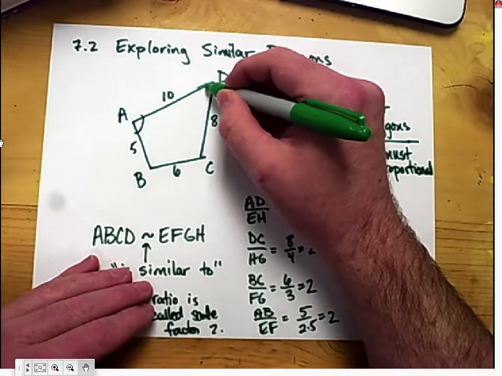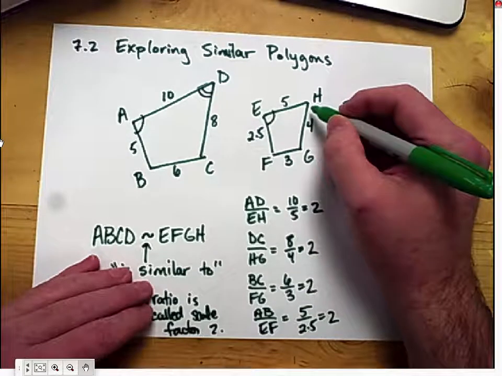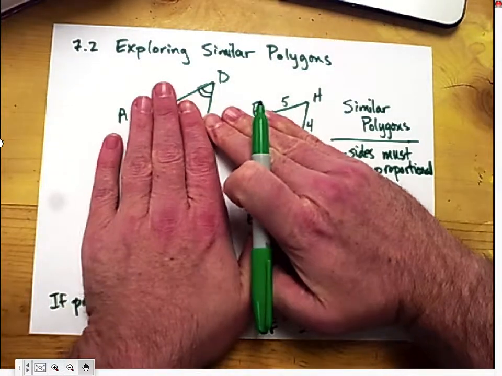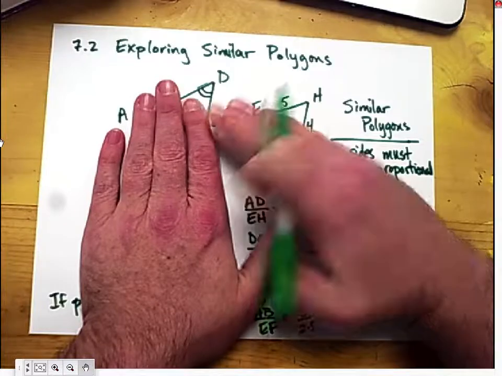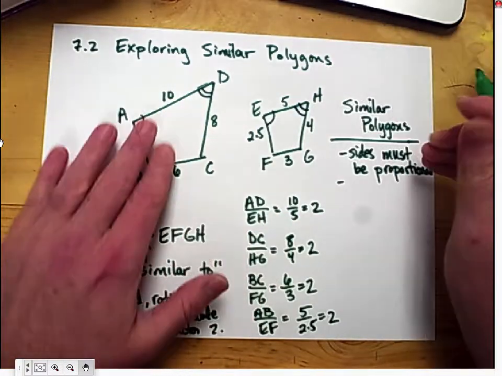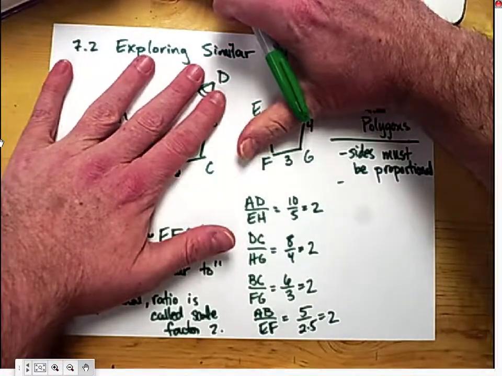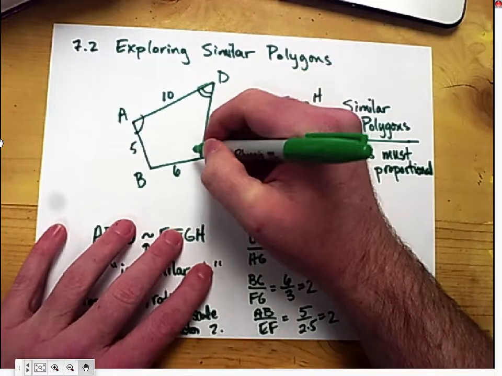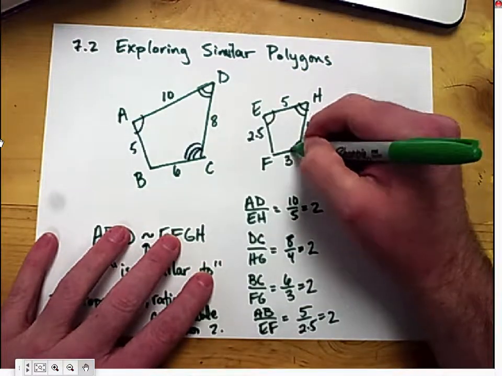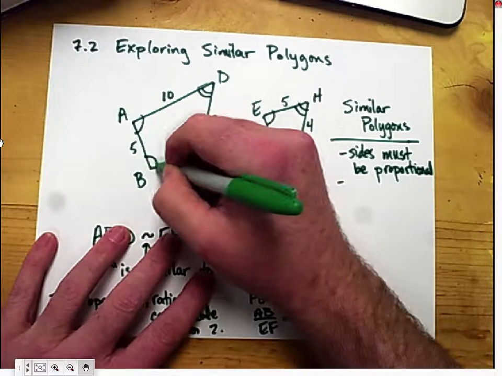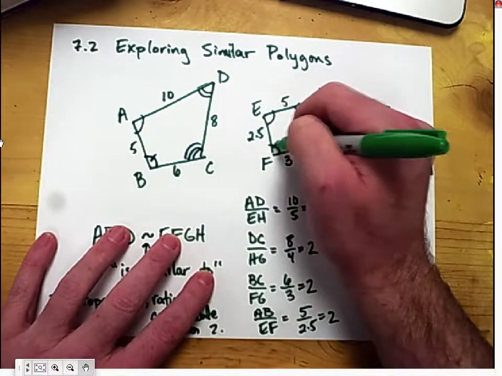What about angle D and angle H? They're exactly the same, right? What about C and G? They're the same. Well, it does matter how long, and that's another way to mark those.